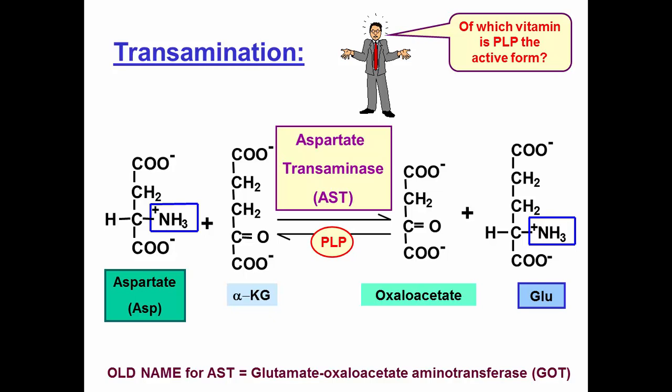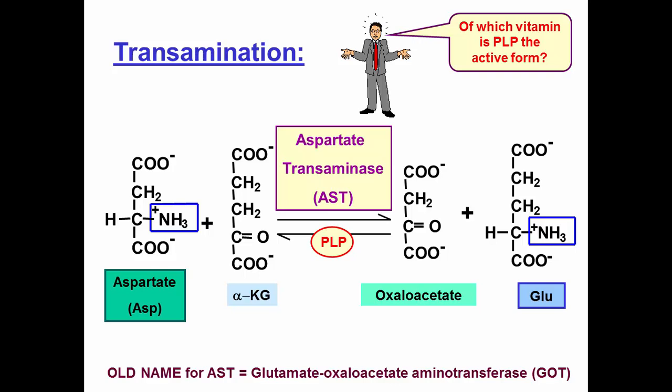They involve 3 amino acids, these 2 transamination reactions. What are they? They're up on the screen. What are the 3 amino acids that you're going to always see in AST and ALT, between the 2 of them?